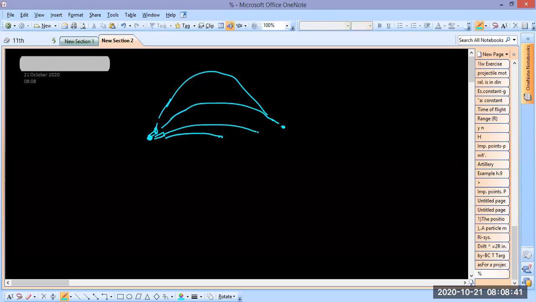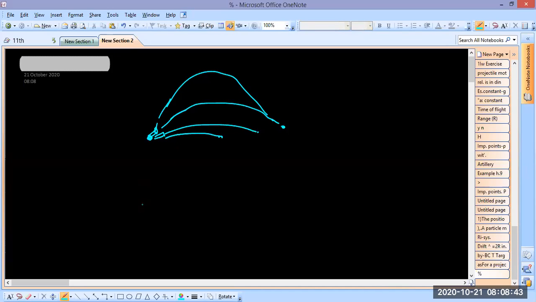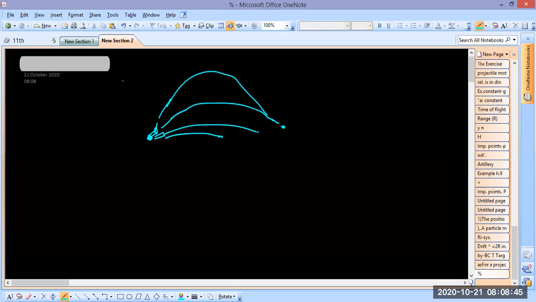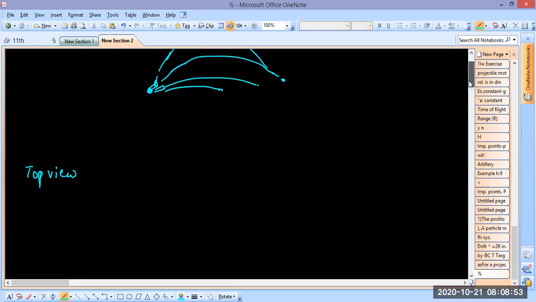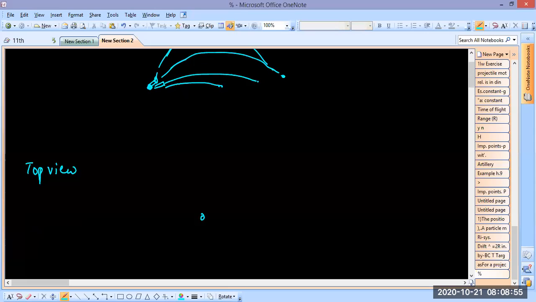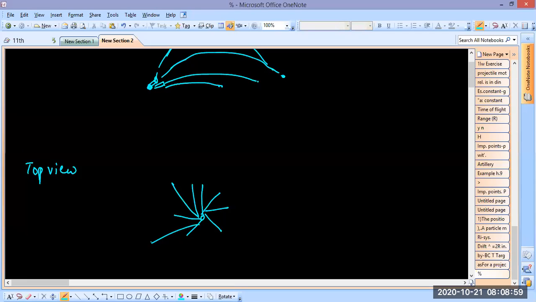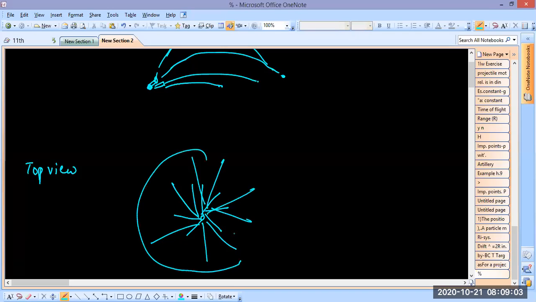But this is not the only direction in which you can fire. This is the side view. If you now watch it from the top, let's say by using a helicopter from a safe distance, top view. So here the gun fires this way, this way, this way. So do you realize that it will actually make a circle?